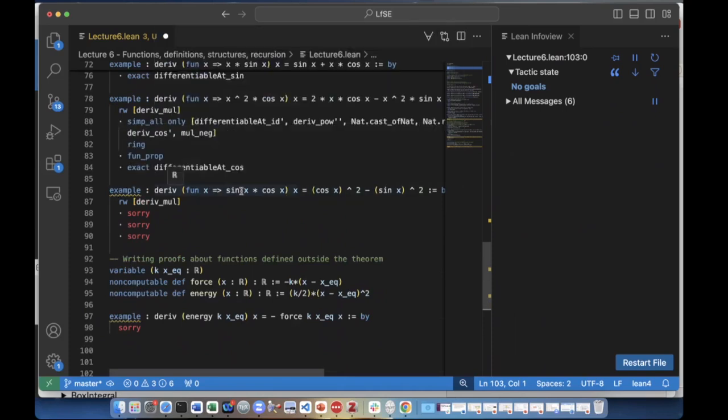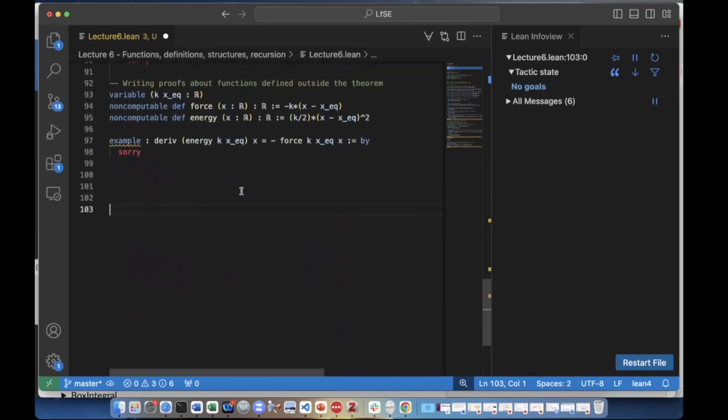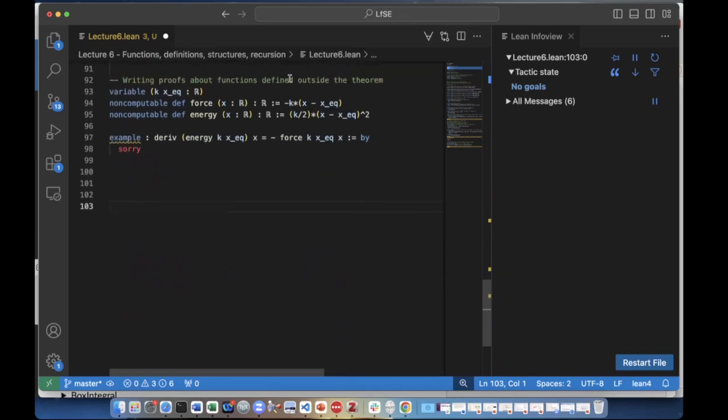It's not being used anywhere else. We want to be able to write proofs about functions defined outside the theorem. Our big picture goal for this course is to equip you to write proofs about software, proofs about programs. And if I define a function, then I want to be able to say, well, what properties does this function have? How does this function relate to other functions?